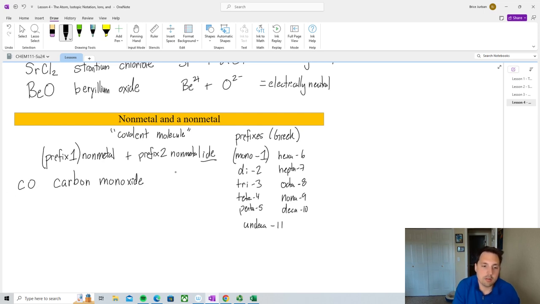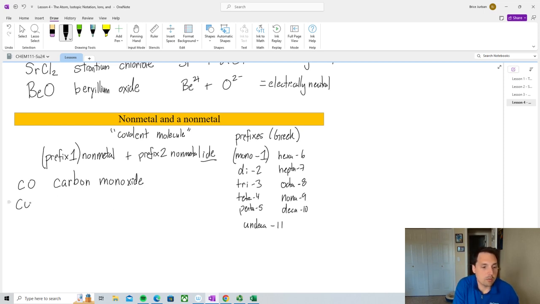So you might think about naming this as monocarbon monoxide. There's a couple of weird things on this one. Typically we don't list the prefix for the first nonmetal if it's got a prefix of 1. Okay, so that's one thing. The second is if we have oxygen, and there's a prefix that ends in a vowel, we'll sometimes leave out one of those vowels if it's the same letter. Okay, so we could call this carbon monoxide, and that'd be fine as well.